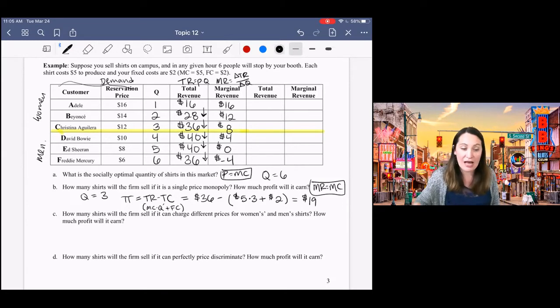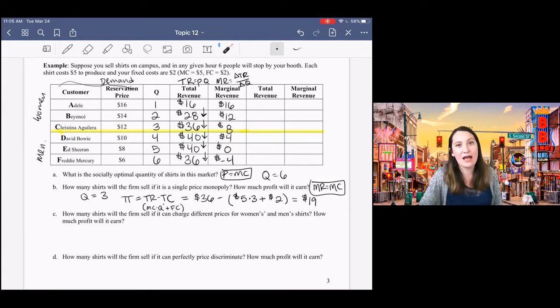The good news is that we've already done this for the women. Nothing has changed here because the women are still the first, second, and third consumers in their group. So their marginal revenue is exactly the same as what we calculated before.